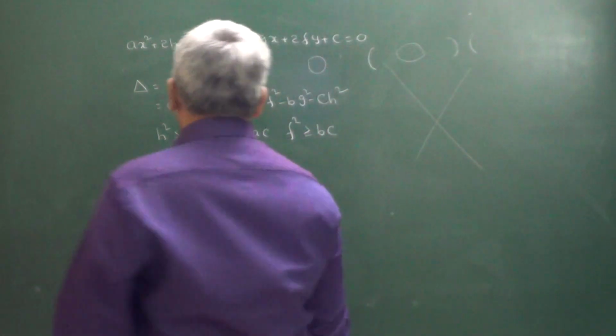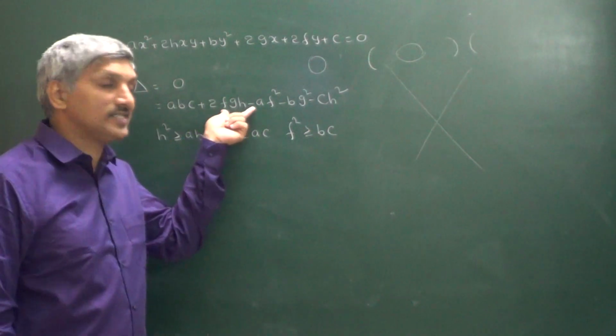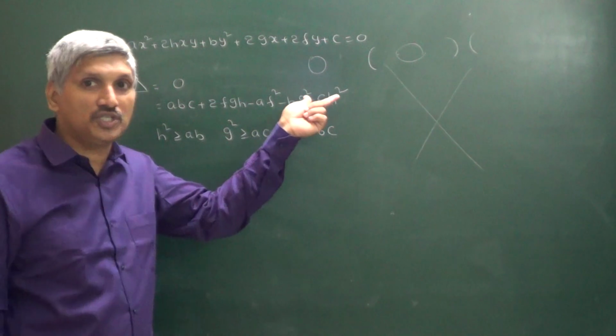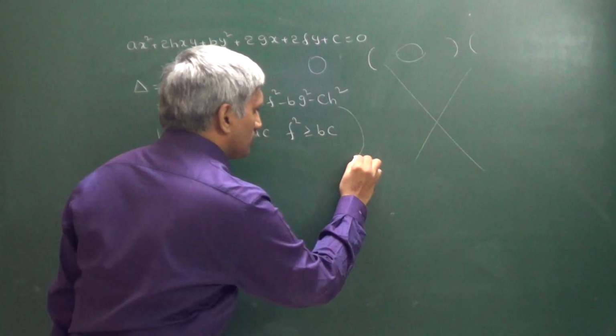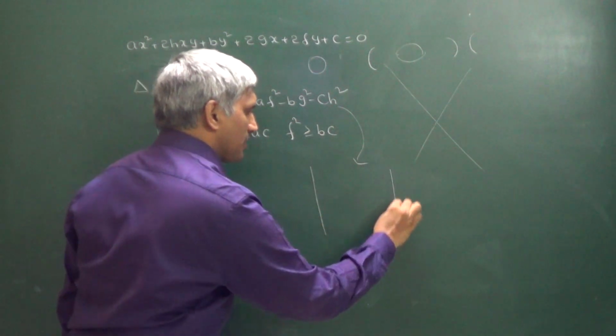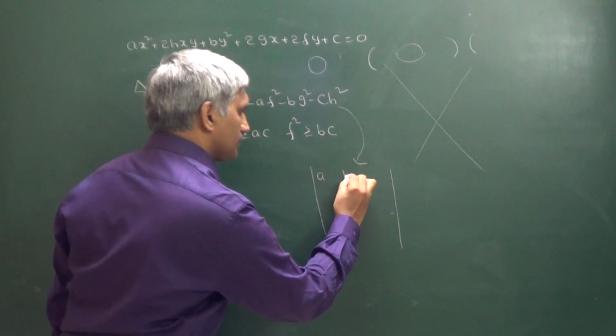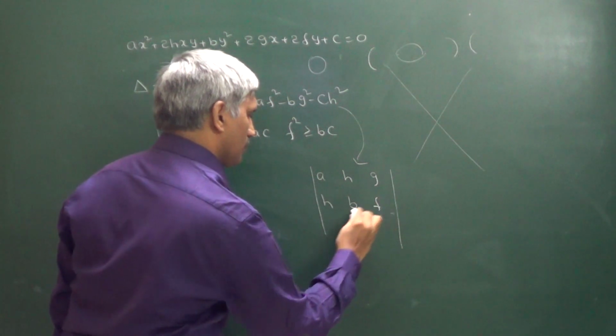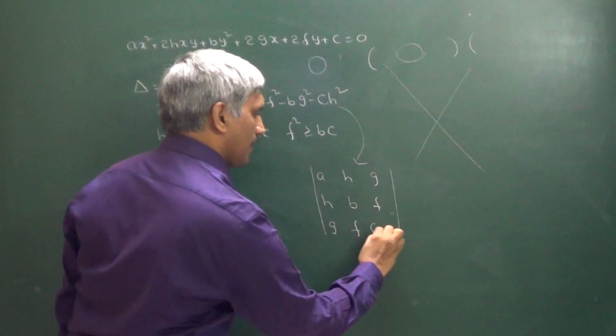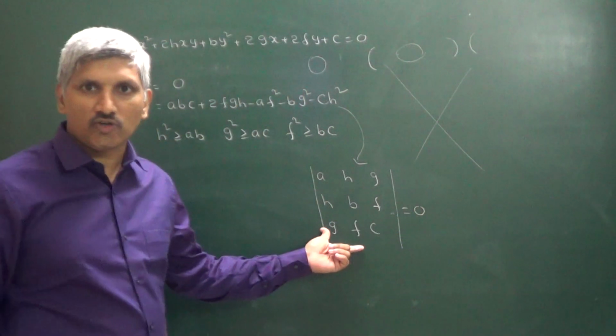Delta is equal to 0, that is abc plus 2fgh minus af square minus bg square minus ch square is equal to 0. To remember this, we can use this particular determinant, which is equal to 0.